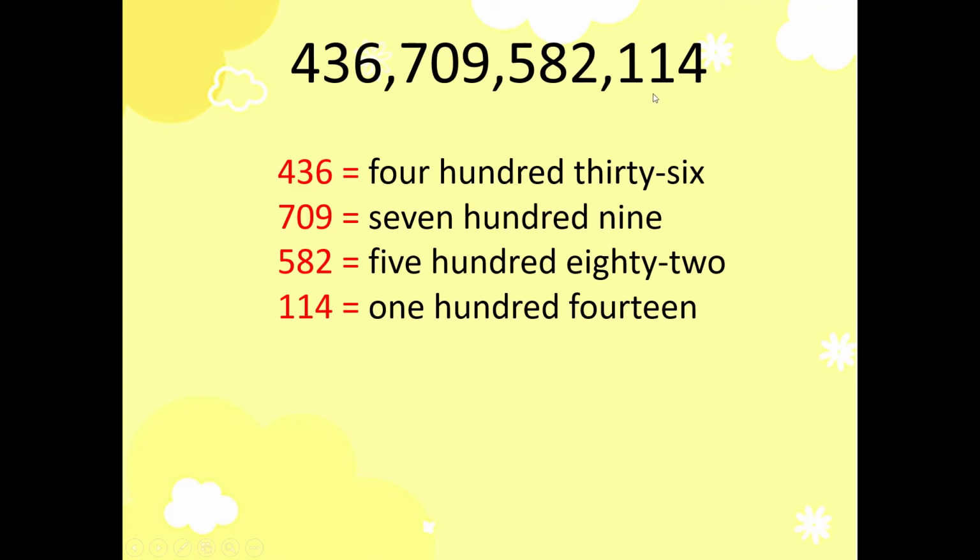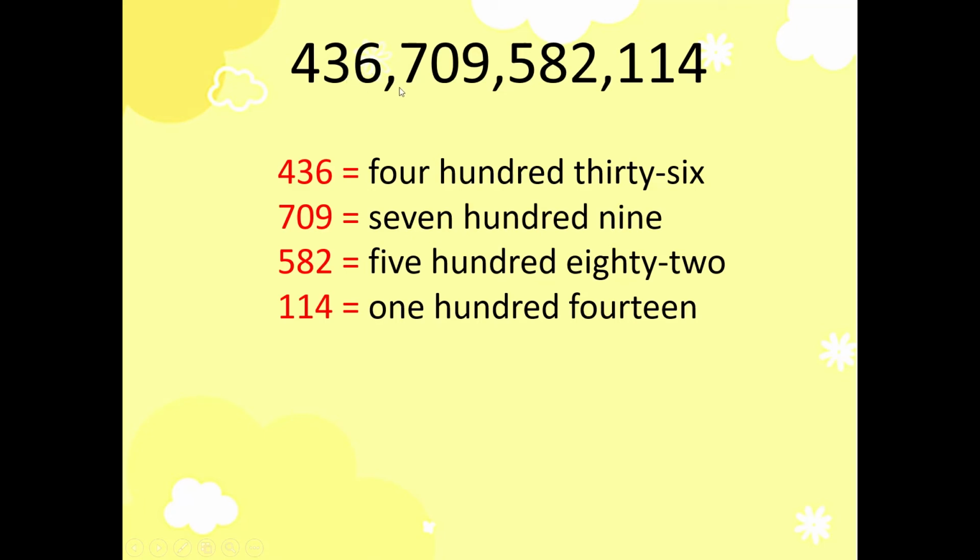And when you want to read it all, you read from the left and move to the right. You read 3 numbers, and when you see the comma, you say the name of that group.